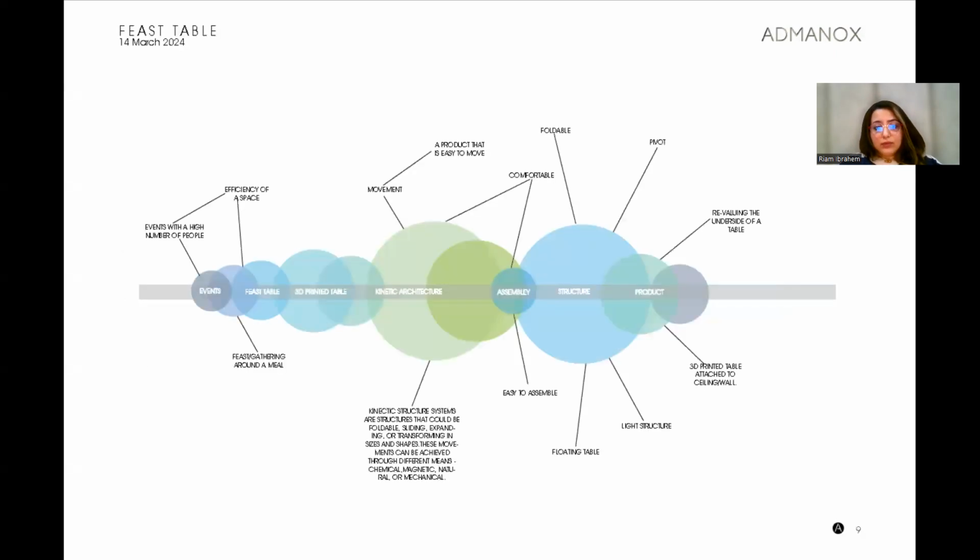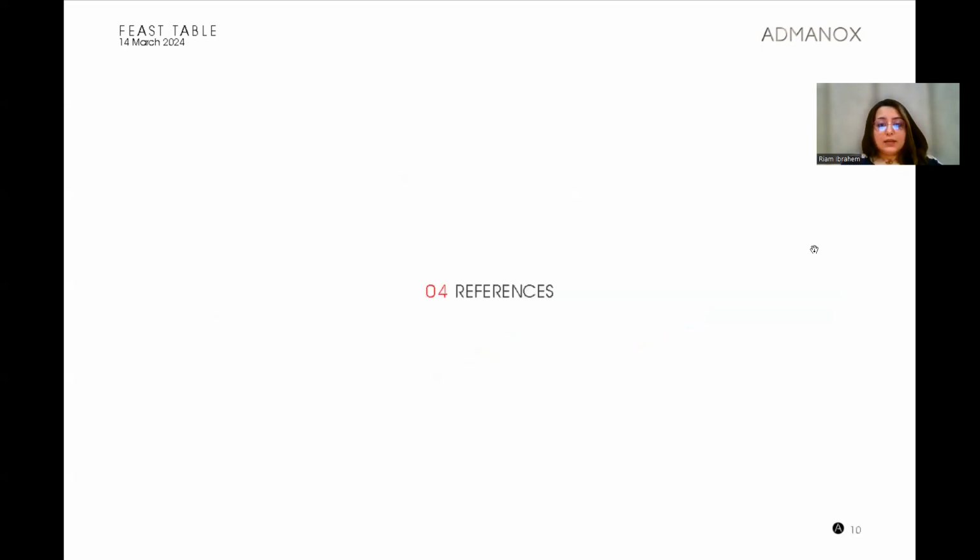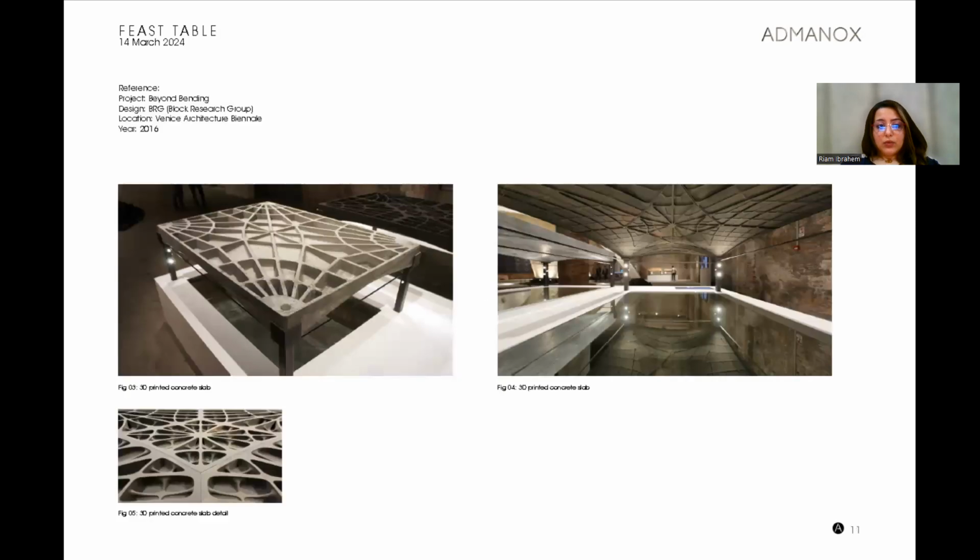So the table talks about the efficiency of a space and using kinetic architecture to make the user involved in the assembly of this product and the movement of it, and make it easy to assemble and light to carry or fix. So it is a 3D printed object, so it should be light to move around.